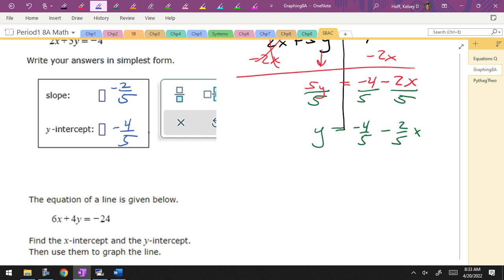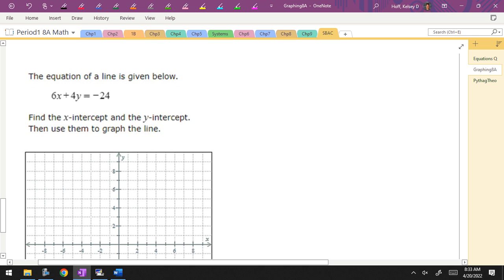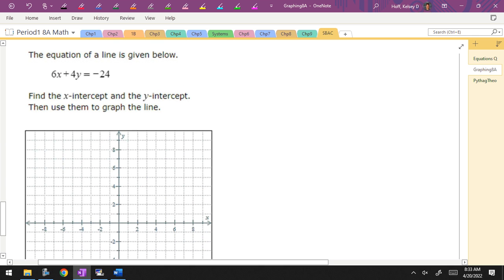All right, one last thing that came from our graphing unit. You guys have done phenomenal so far. The equation of the line is given below, 6x plus 4y equals negative 24. Find the x-intercept and the y-intercept, and we're going to use them to graph. What do you remember about every x-intercept? Nicely done.